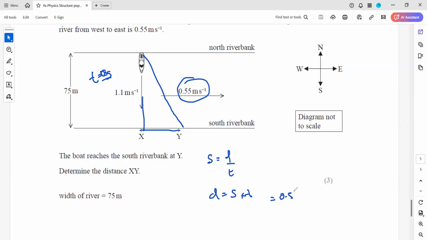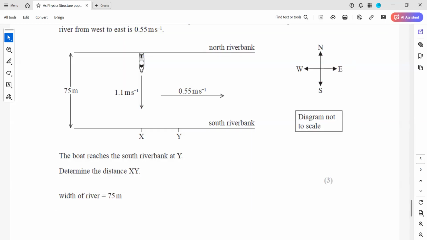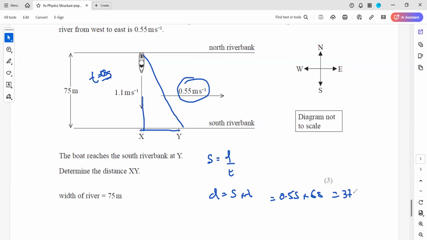So 0.55 times 68 will also give us the same result, which is about 37.5 meters. So we get the same answer. First we work out the time, and then from that time and speed, we multiply to get the distance. So both methods are acceptable.